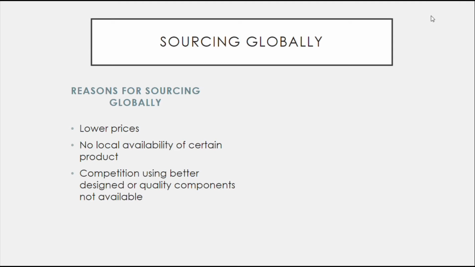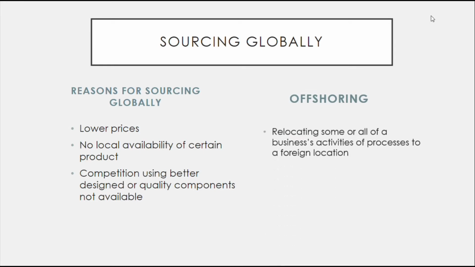Competitors using components of better quality or design than those available in the home country is the third reason. Depending on this reason, companies may relocate business activity to a foreign location, which is called offshoring.